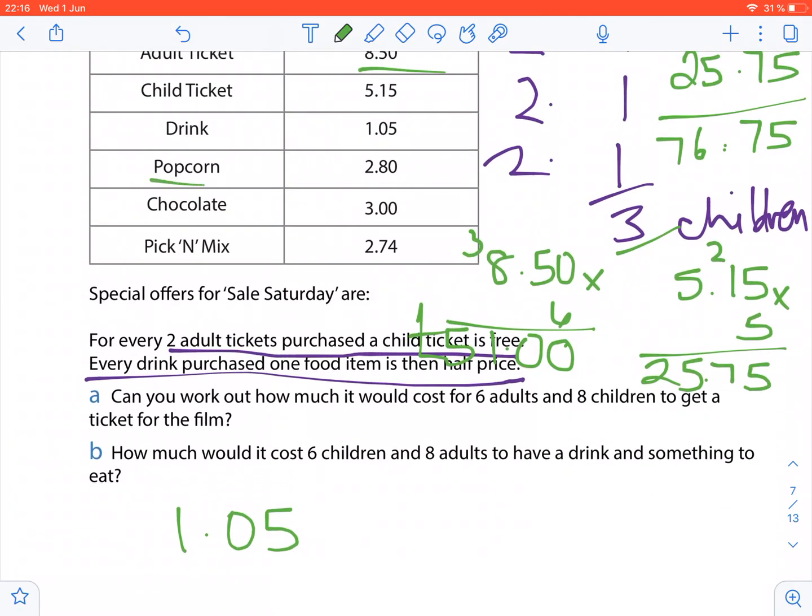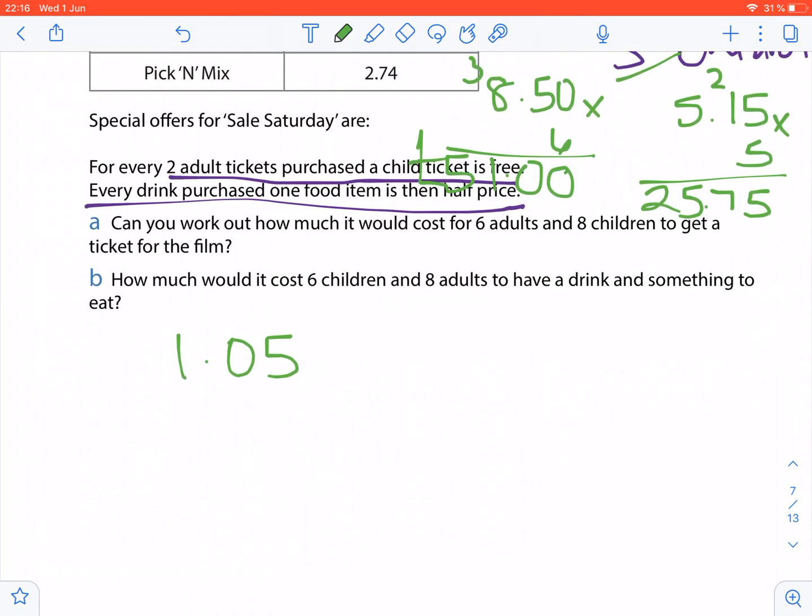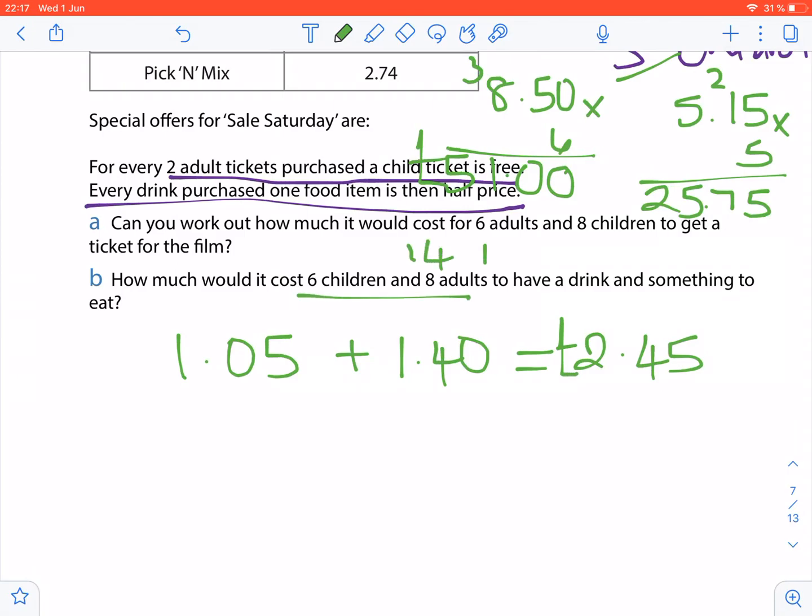Say, for example, you could buy some popcorn, but now instead of £2.80, you would pay £1.40, because for every drink purchased, you will get a food item for half price. So that would be £2.45 to get a drink and some popcorn, and then you can just times that by 14, because there are in total 6 children and 8 adults, so that gives 14 people.